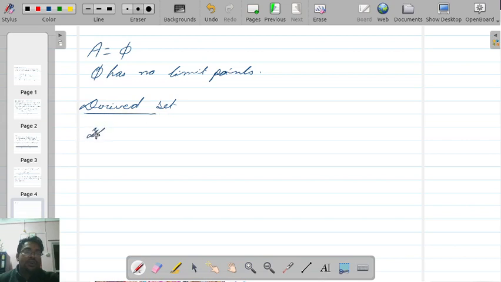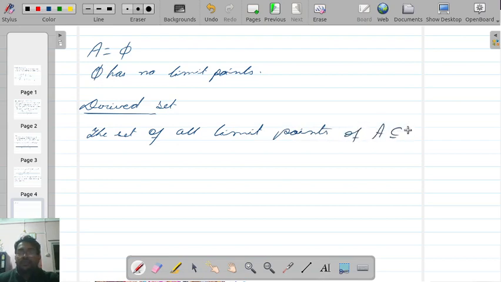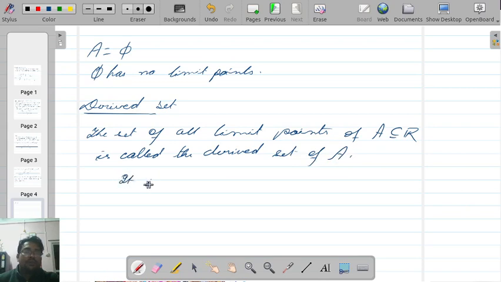The set of all limit points of a set A, subset of R, is called the derived set of A. It is denoted by dA, or many times A dash. dA is more common, so we will use the notation dA.